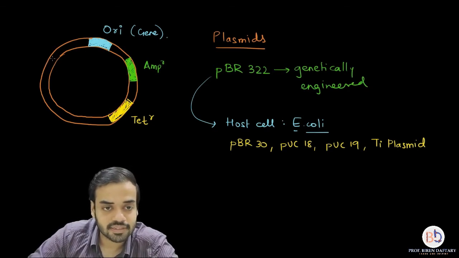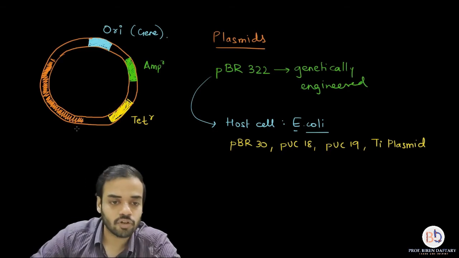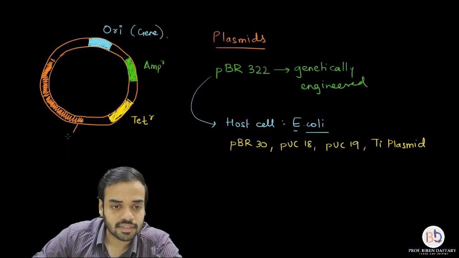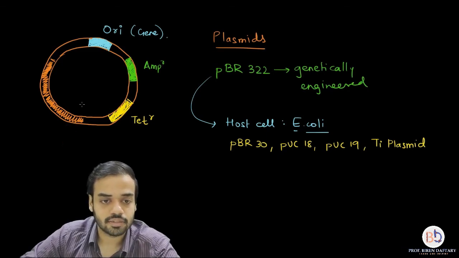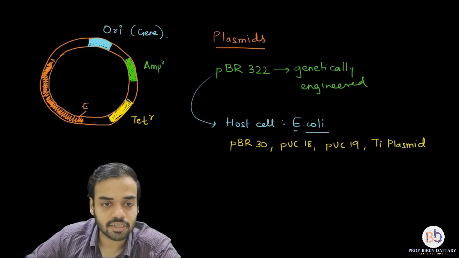This entire area, I am going to just shade it. This is the region where the restriction enzymes can cut the plasmid at different locations. For example, this area can be cut using the restriction enzyme EcoR1.